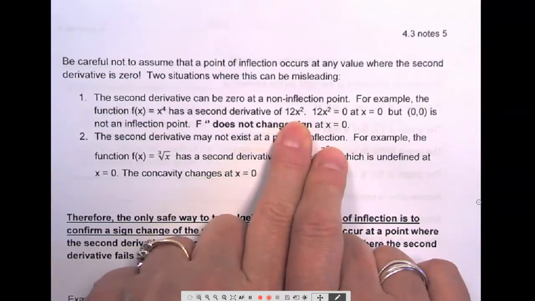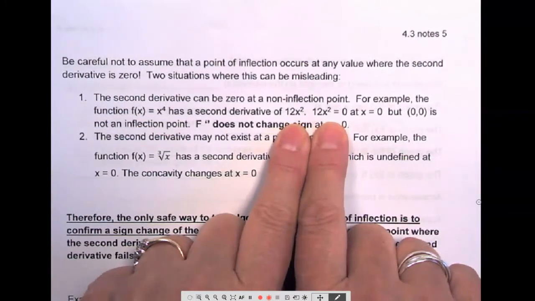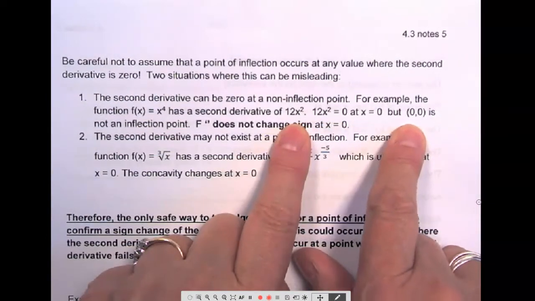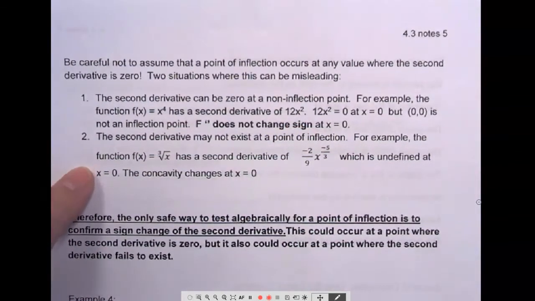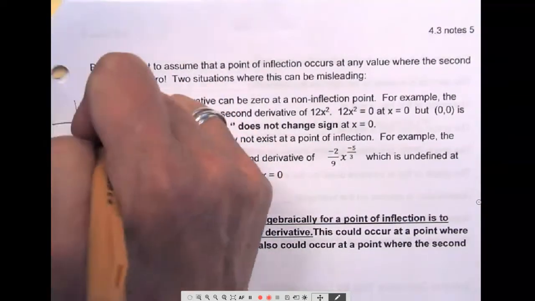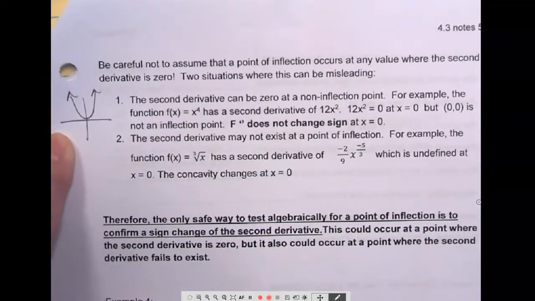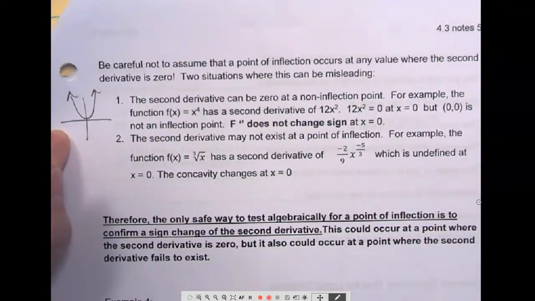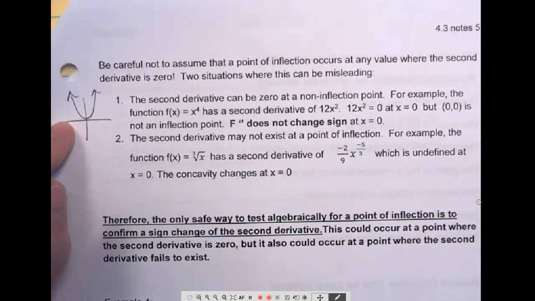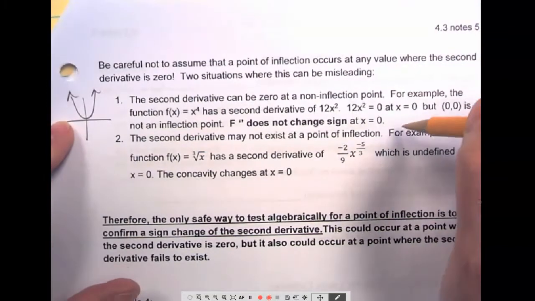Second derivative is 12x squared. If I set 12x squared equal to 0, I get x equals 0, but that is not an inflection point. So if that was the graph of x to the 4, there's no inflection point. Concavity doesn't change there. It's concave up for the whole graph. So we just have to be careful.